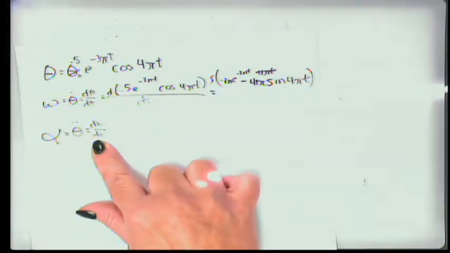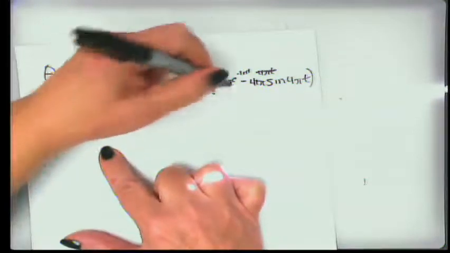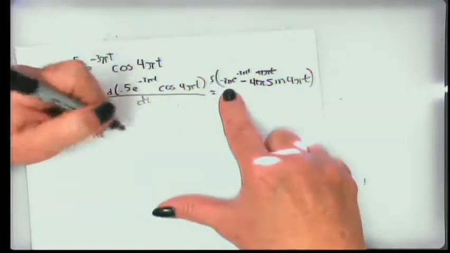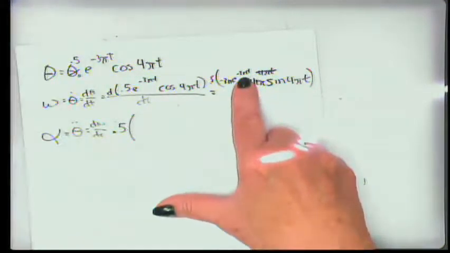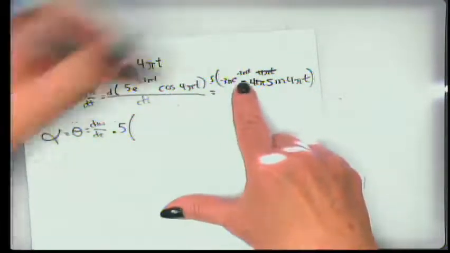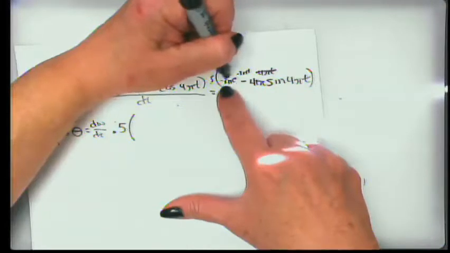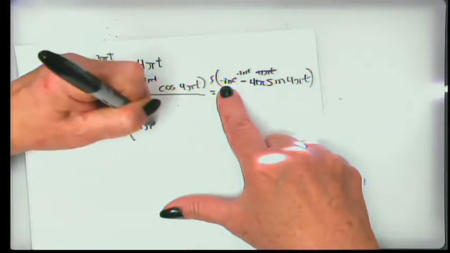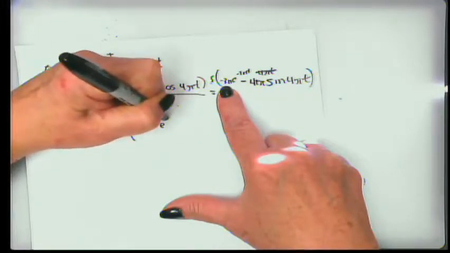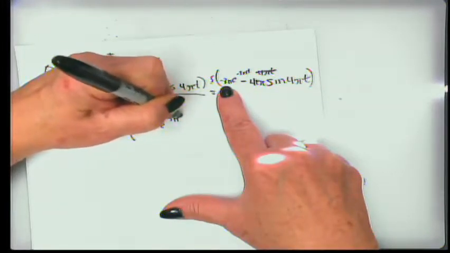Now to do alpha, we're going to take the derivative of this with respect to time. So we still have that 0.5 out there, the way I've left it. Now this is going to come out of here, and it's going to be the constant here. We're going to multiply that together. It's going to be negative times negative, so it's positive 9 pi squared e to the minus 3 pi t.